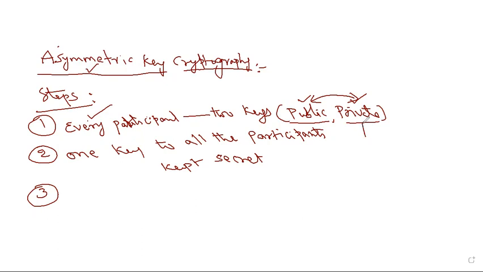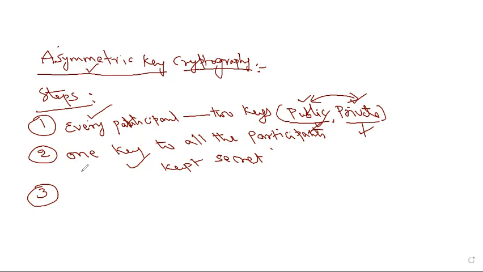That's why we call them mathematically related keys. Every user must inform the public key to all the participants in the organization, and must keep the private key secret at their particular location.